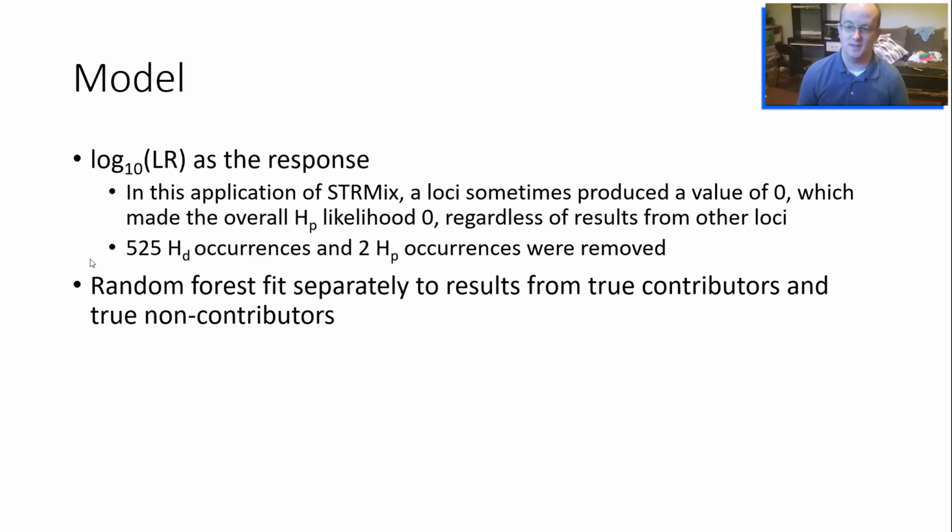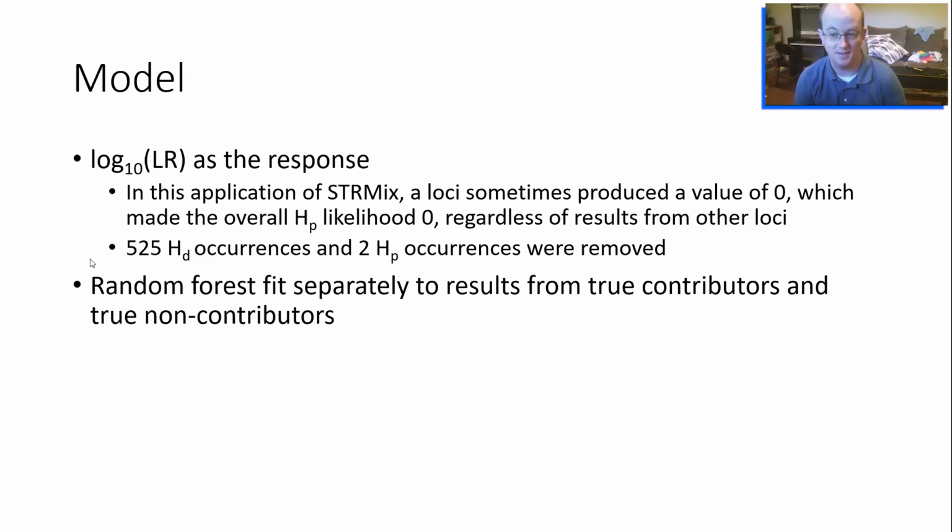This happened in 525 HD occurrences out of a little over 1,200, and 2 HP occurrences. For this illustration of the prototype, we did not dig into assessing, confirming, or updating whether those should be 0 or not. They're just removed from this analysis at this point.